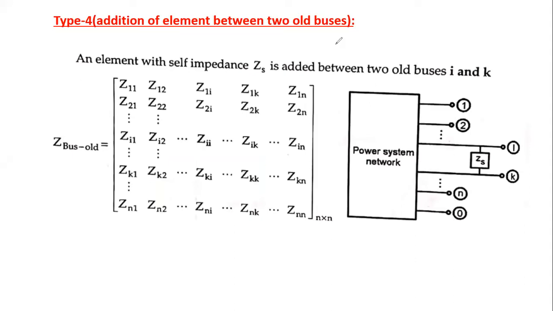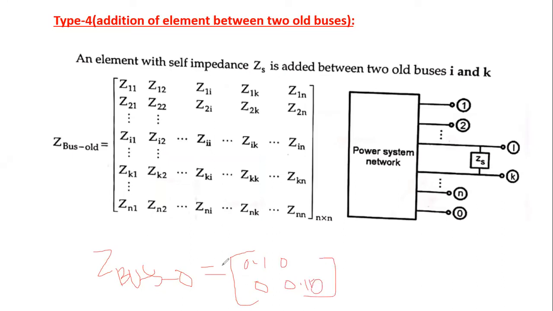Z-bus old matrix is equal to 0.1, 0, 0, 0.15.